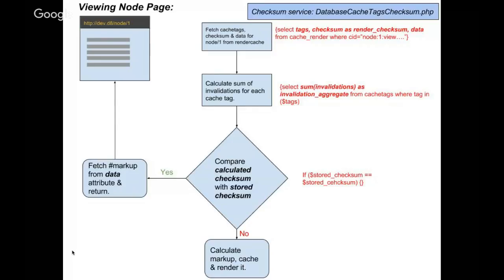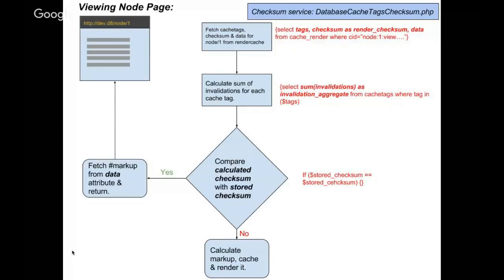The second thing that Drupal does is it stores all of the cache tags in a table called cache tag, with an integer value. The next step that Drupal would do is it will calculate a sum of all of those integer values for the cache tags fetched in step 1.